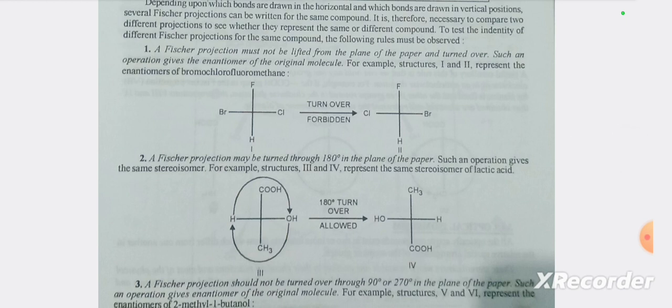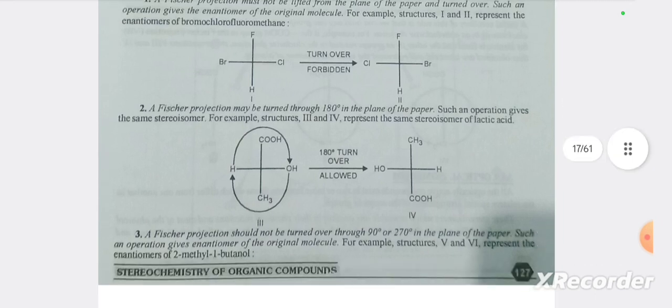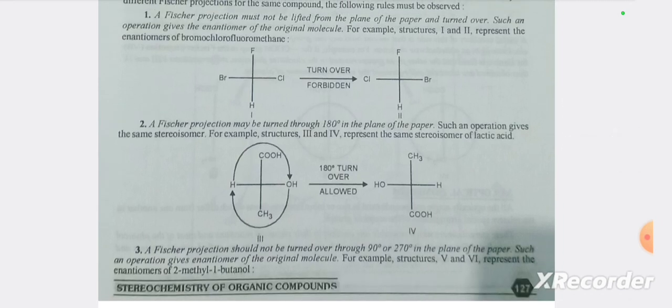It is therefore necessary to compare two different projections to see whether they represent the same or different compounds. To test the identity of a different Fischer projection for the same compound, the following rules must be observed. First, a Fischer projection must not be lifted from the plane of paper and turned over.